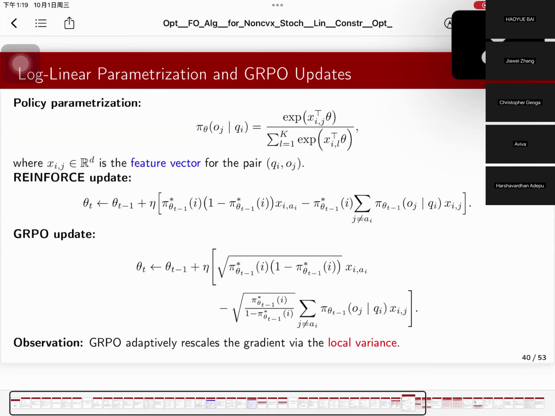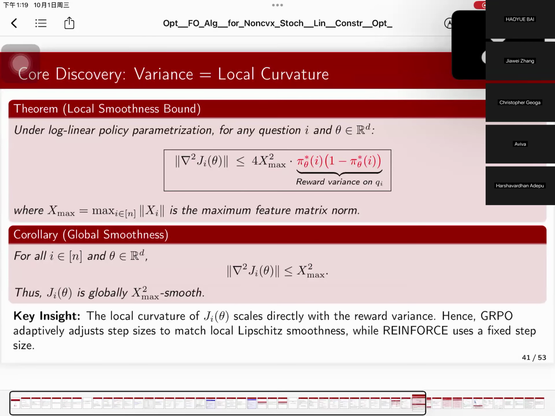Okay, so let's go to our theory. Before that, we use this log linear parameterization for the policy. And under this log linear parameterization, we can write down the updates of REINFORCE and GRPO. Okay, so next we talk about the main theorem.